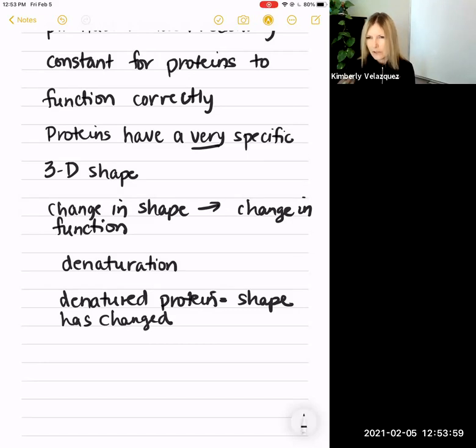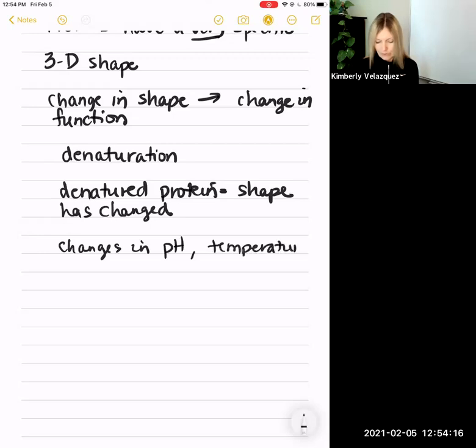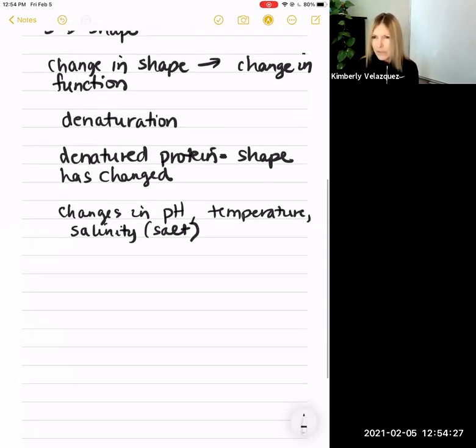It's sometimes even shown as kind of an unraveling of the shape of that protein. Some things that can cause that shape to change are changes in pH, changes in temperature, and changes in salinity, which is the level of salts. Changes in pH are what we're talking about here. The reason you need pH to stay relatively constant in your body is because changes in pH can cause your proteins to not function correctly.